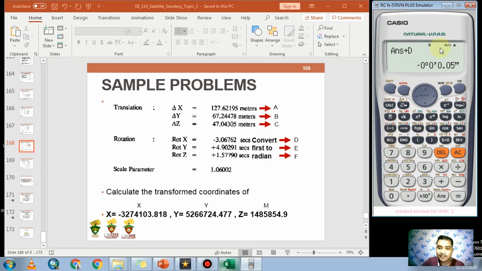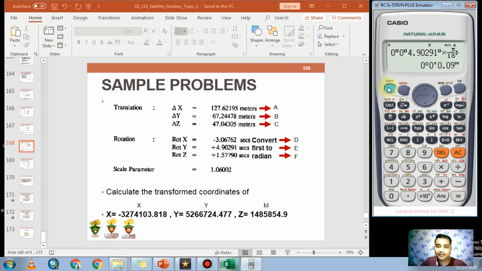Next is rotation Y, 0 degrees, 0 minutes, 4.90291 seconds times pi over 180. Alright, so we have this value.